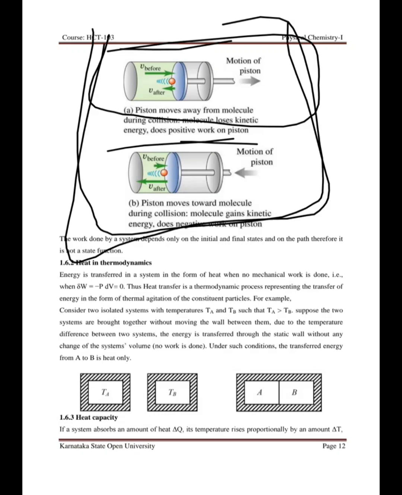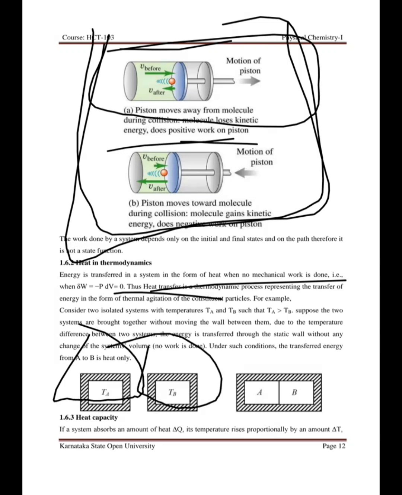So next is heat in thermodynamics. Energy is transferred in a system in the form of heat when no mechanical work is done. So energy can be transferred from a system A to B without doing any work.